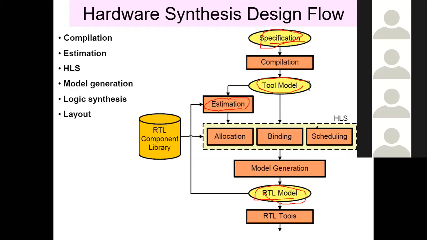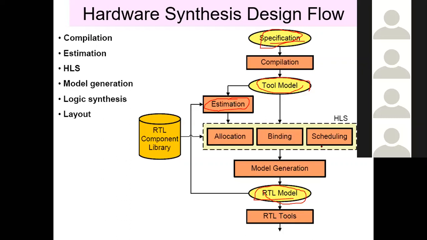Then comes the scheduling. Scheduling means what needs to happen in each and every clock cycle. All this will be defined in the scheduling. Basically we are generating an RTL model.